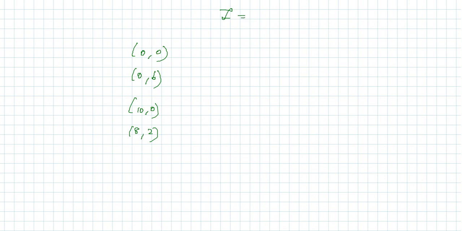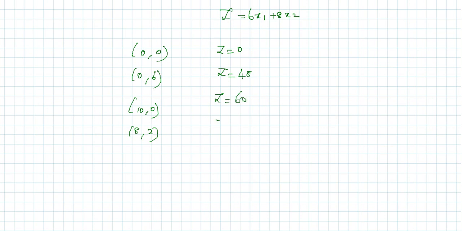So z is equal to 6x1 plus 8x2. So we'll get z is equal to 0 here, for applying x1 equal to 0, x2 equal to 0. On applying x1 equal to 0, x2 equal to 6, you'll get 8 6s are 48. And on applying 10 comma 0, you'll get z is equal to 60.